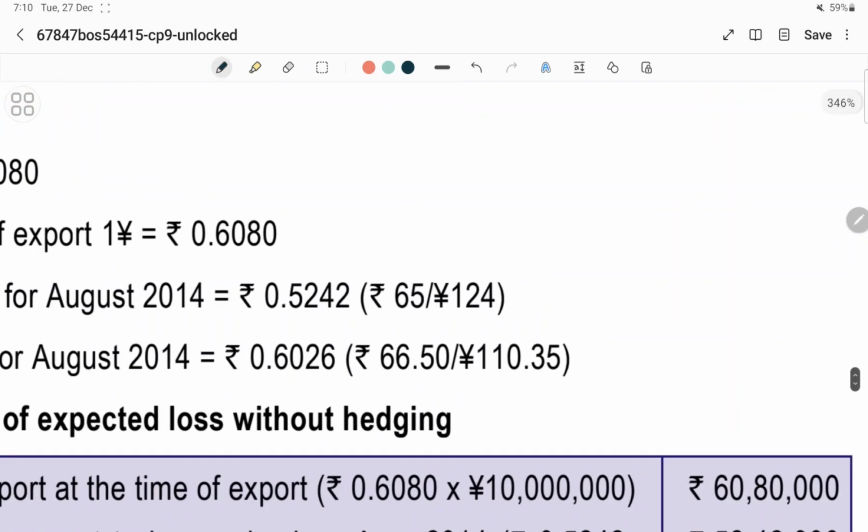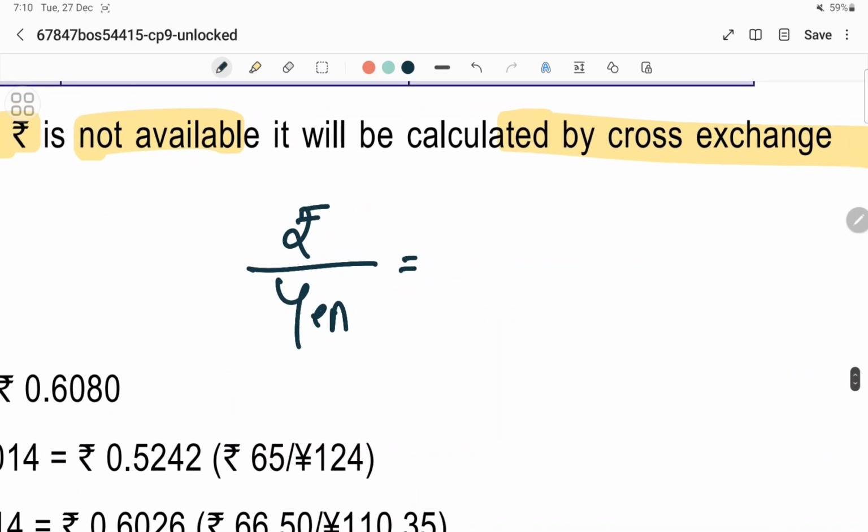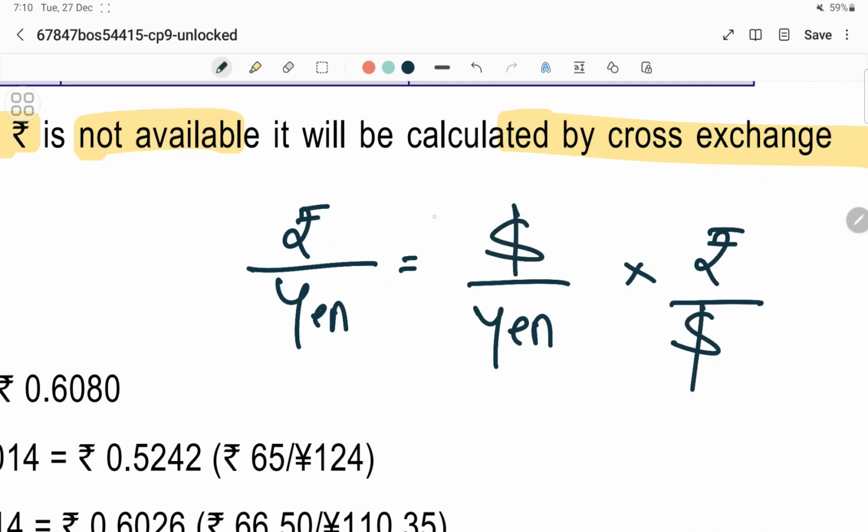See, what quote do we need? We need the yen quote first of all, rupee quoted against yen. Because your exposure is 10 million yen, rupee upon yen is what we need. How do you find this? First of all, we need yen in the denominator here and rupee in the numerator here. The other quote, as per the quotes given in the question, is dollar. Do we have this or not?